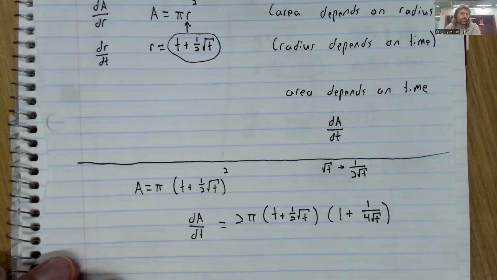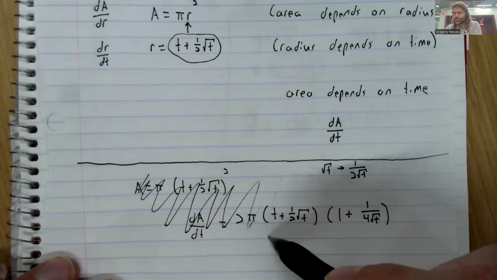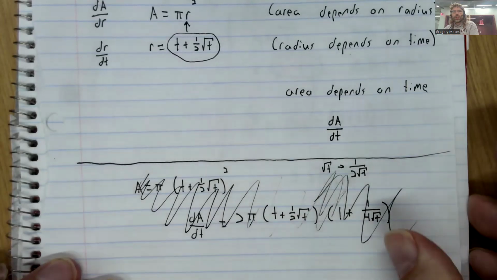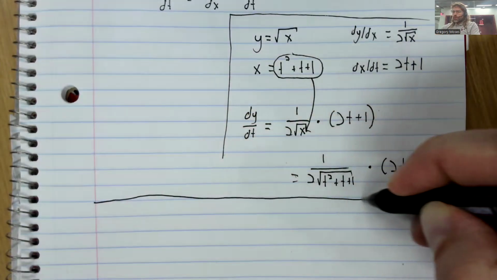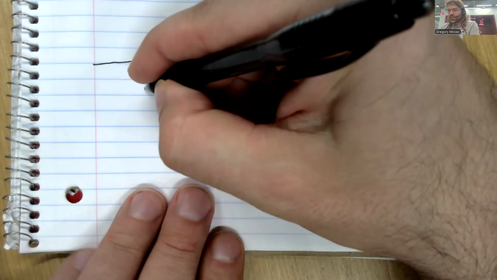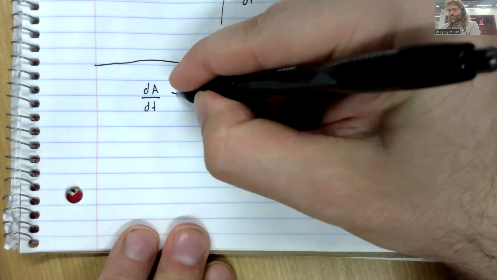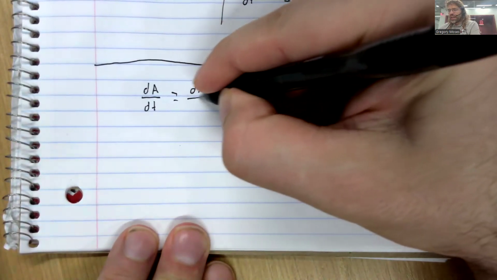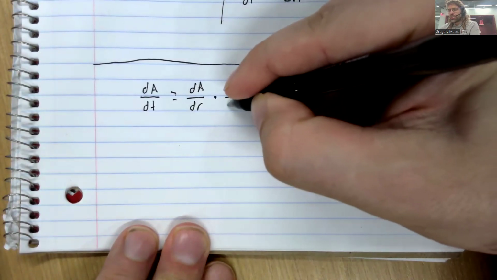So, on the one hand, it's hardly the end of the world, but it is additional labor that I didn't have to do. Because this version of the chain rule, with A's and R's instead of y's and x's, says that dA/dt equals dA/dr times dr/dt.